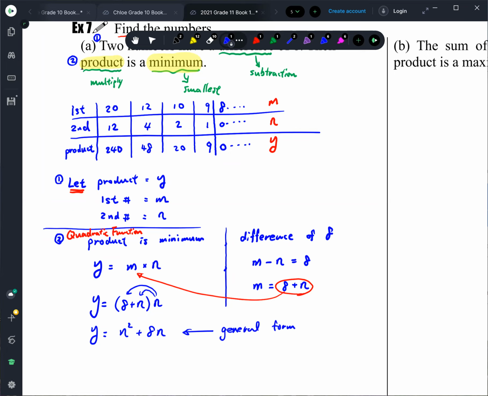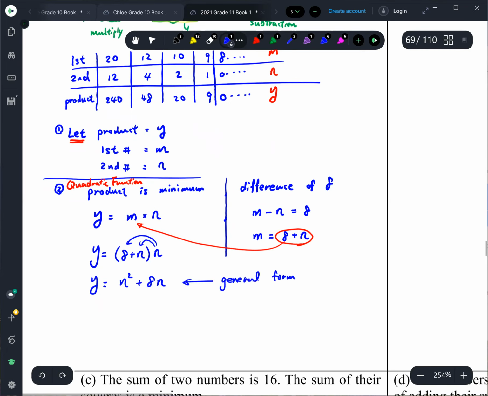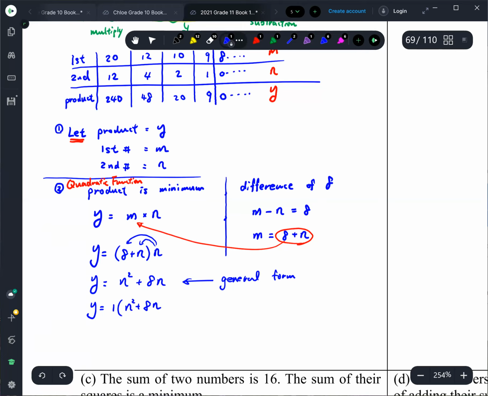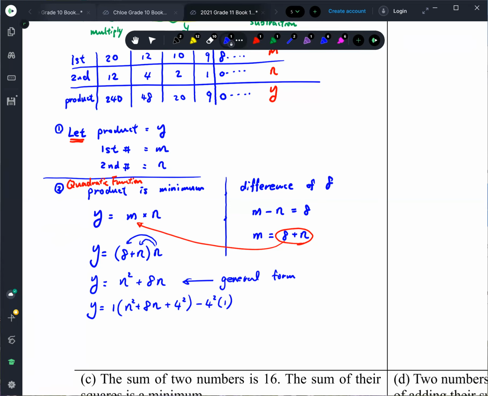Now it's n and y, it's the same thing, just different variable. And then we turn into standard form. Factor a, divide by 2. Don't forget that. Balance. And then nothing to add behind. Please write down the general and standard form and raise your hand.